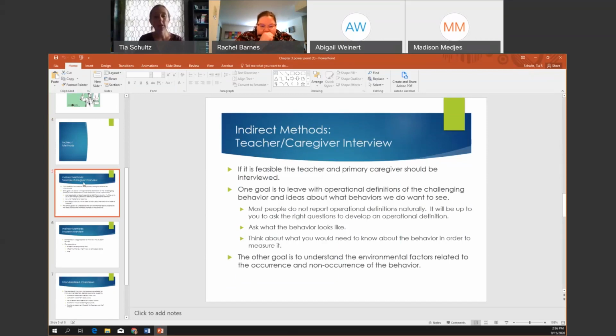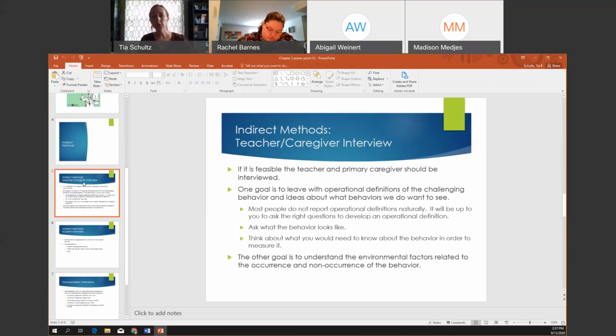It can be more difficult to find ways to get parents involved. And that doesn't mean that you shouldn't, but it just means that sometimes the process moves along and there may not be a lot of opportunities for collecting data from parents. So when I speak, I'll be talking a lot about teacher because that's what's going to apply to you most, but I still want you to consider collecting information and interviewing caregivers as well.